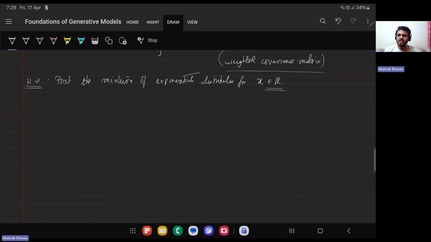So you have only one feature. You can try and put the exponential, so x is distributed as exponential with lambda_i. So it's like the sum of alpha_i times exponential lambda_i. This is your p(x). You try to do the update for this mixture of exponentials as well.